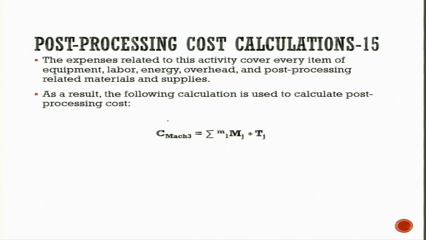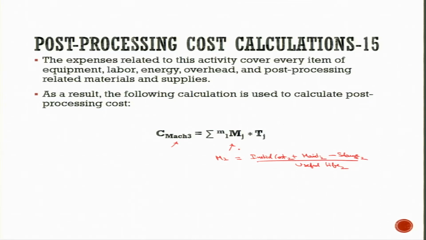Similarly, multiple machines are used and we again get the cost of the machine for the post processing as the sum of the products of the machine cost utilization for each machine. For example, if it is machine 2, the cost of machine 2 would be the initial cost of the machine plus the maintenance of the machine minus the salvage, divided by useful life for machine 2.